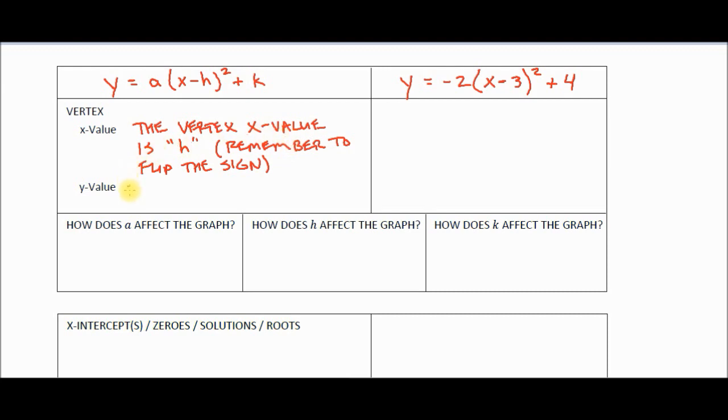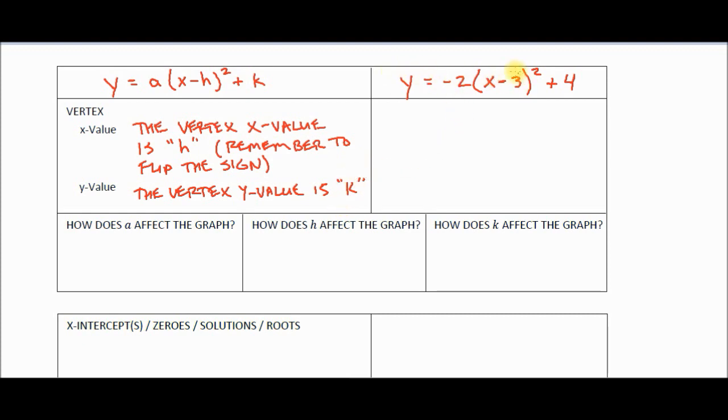All right, and the y value of the vertex is always k. So vertex form, very easy to find the vertex. It's already in the equation.